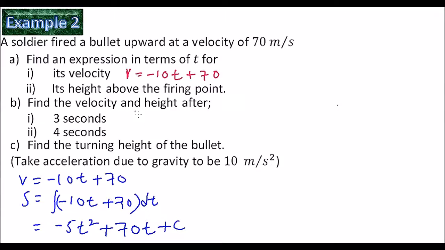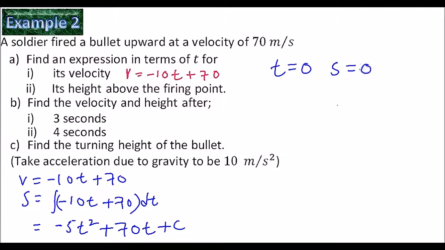Now since we are required to find the height above the firing point, we know that when t is equals to 0, that is before the bullet was fired, it had not covered any distance, and therefore s is equals to 0.